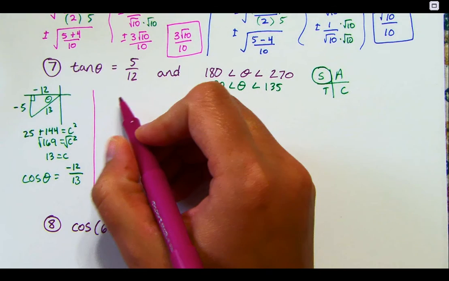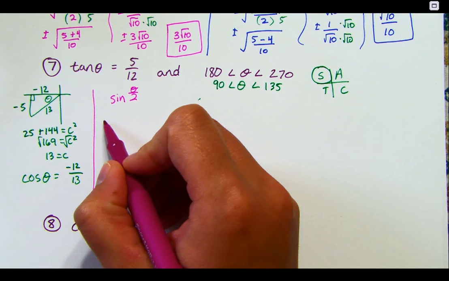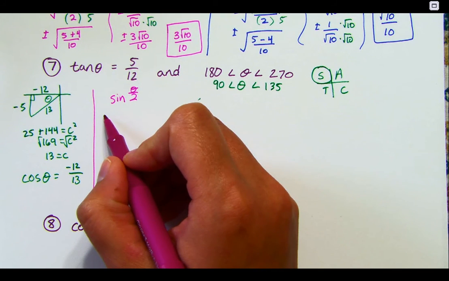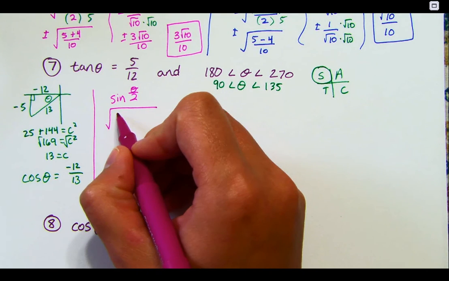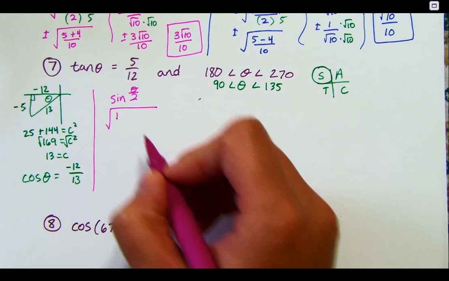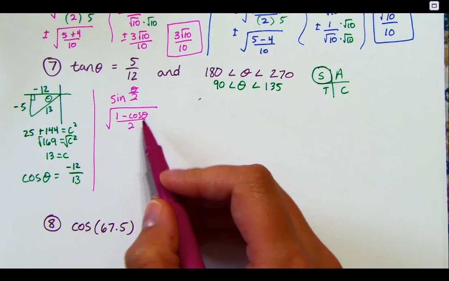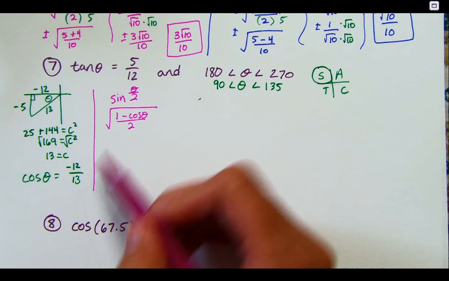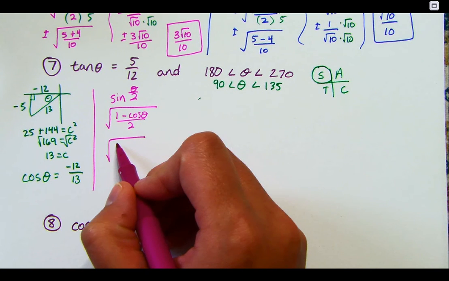So if I start with the sine of theta over 2, my formula, I'm not going to write the plus minus since I know my answer is going to be positive, so I'm just going to go right into my formula. So this will be the square root of 1 minus cosine theta over 2. I now know cosine theta is this negative 12 over 13, so we're subtracting a negative, so it's going to become a positive.